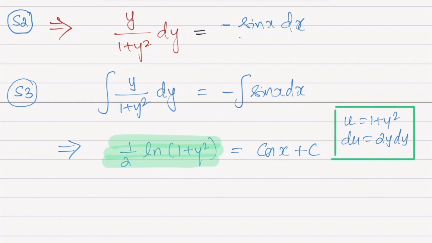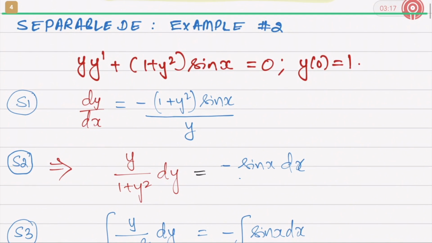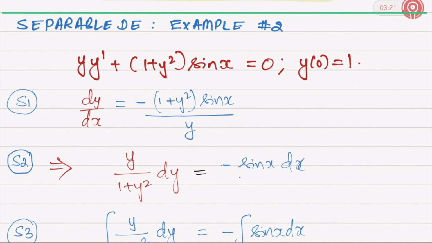All right. Now, if there is no initial condition, we are pretty much done. We have the solution right there, but now we have an initial condition, so we need to figure out what c is going to be. To do that, I'm going to apply the initial condition, y of 0 equals 1.